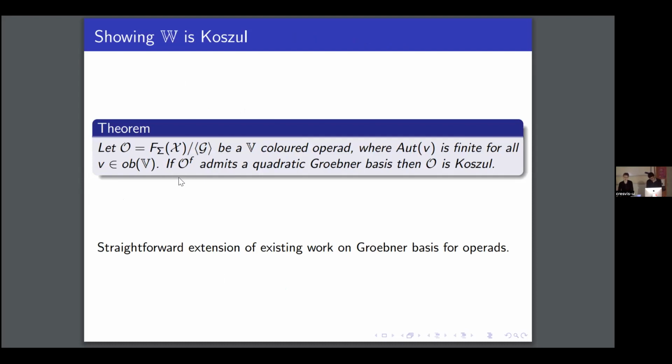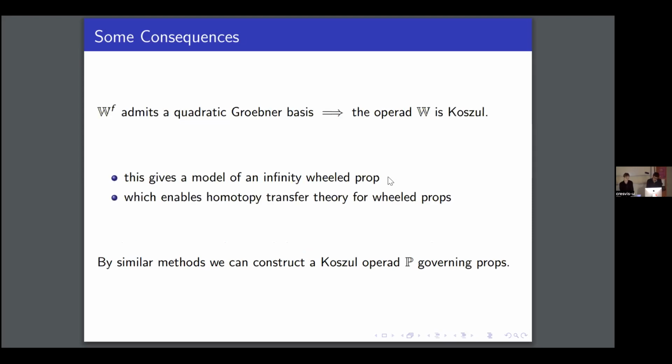And if this associated structure admits a quadratic Grobner basis, then the original operad is Koszul. So that's the tool we use to prove the result, which is nice. So we can apply it to our particular groupoid colored operad to construct a groupoid colored shuffle operad, find it has a quadratic Grobner basis, and then this proves that our constructed operad is in fact Koszul.